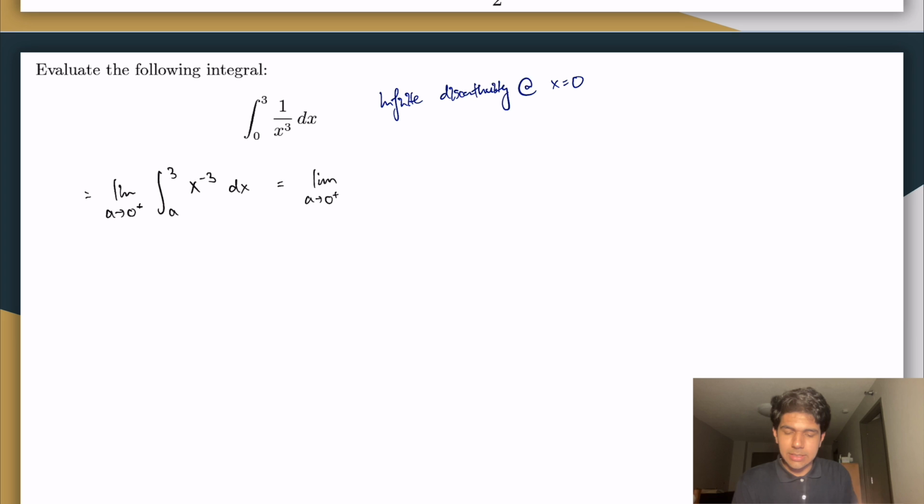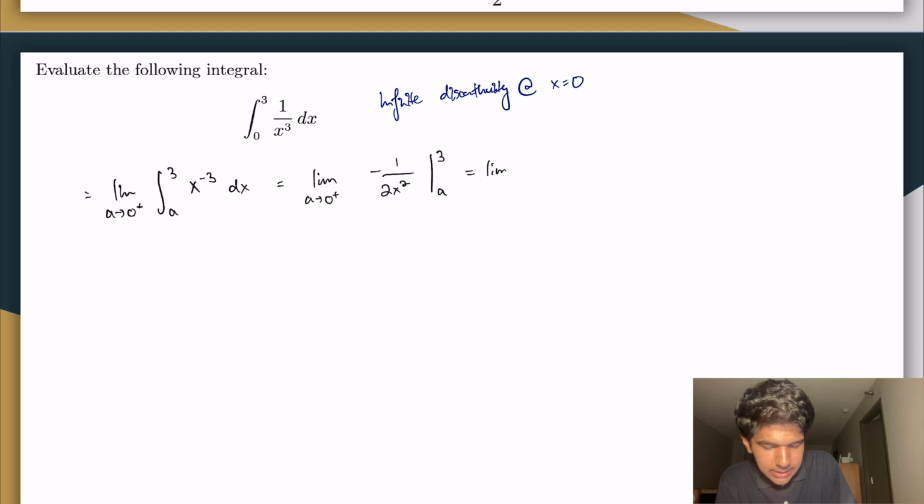The integral of x to the negative 3 is going to be equal to 1 over negative 2 times x to the negative 2, which we can rewrite as negative 1 over 2x squared, and this is evaluated from 3 down to a. Let's fundamental theorem of calculus this. So this is the limit as a approaches 0 from the positive side of negative 1 over 2 times 3 squared plus 1 over 2 times a squared.